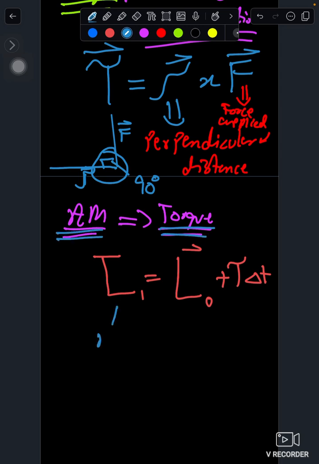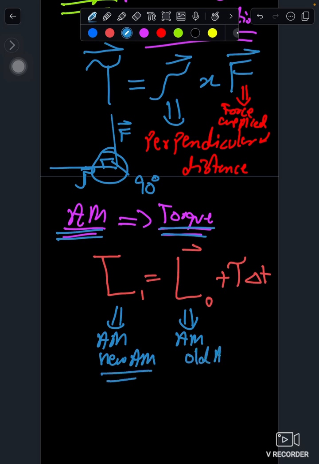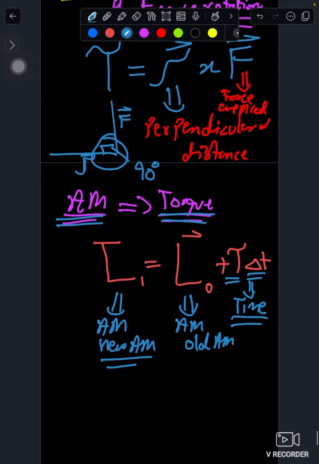This is the new angular momentum, as we are applying torque, and this is the old angular momentum. This is the torque, and this here is the change in time.